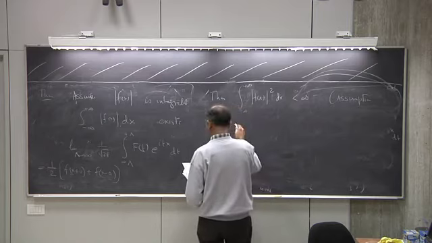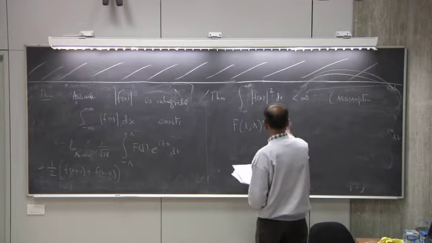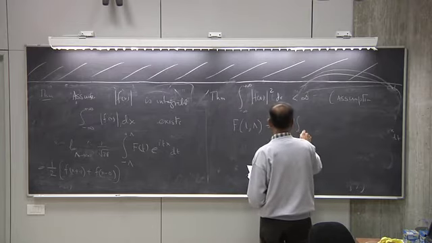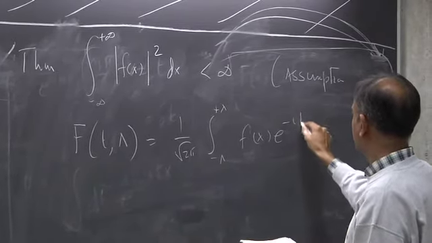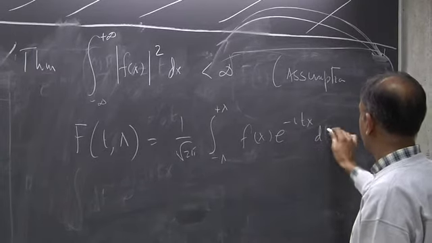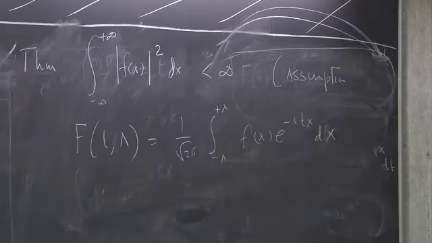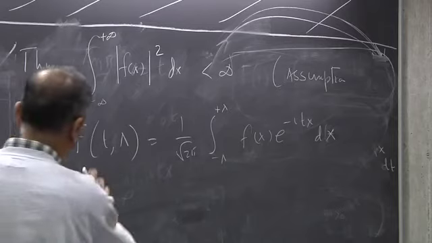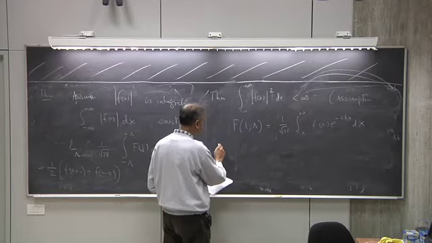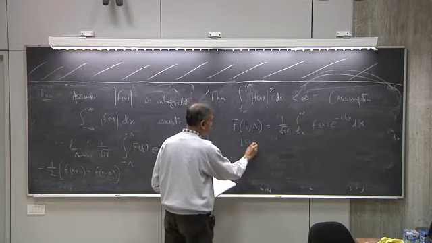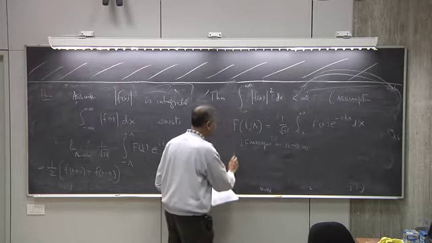Then if you construct this function f of t lambda, which is simply given by the integral 1 over root 2 pi from minus lambda to plus lambda of f of x e to the minus i t x dx, then the statement is that this converges as lambda goes to infinity to some function f of t.